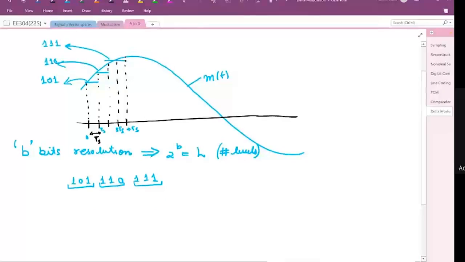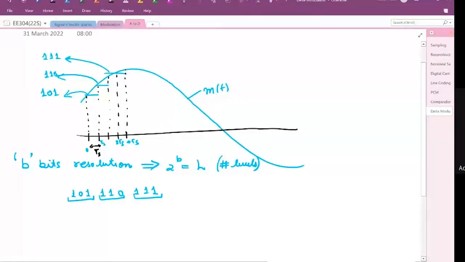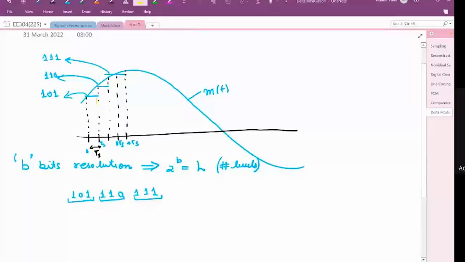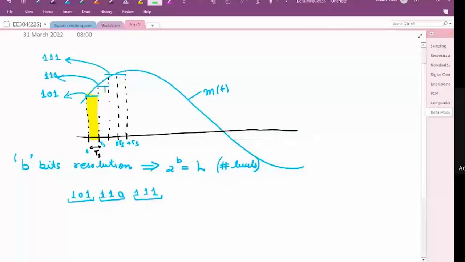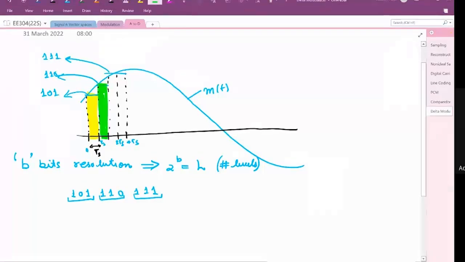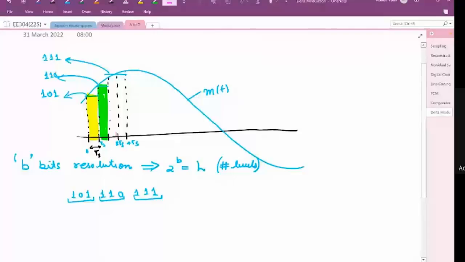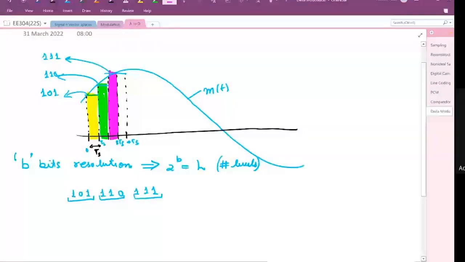But what we see here is that the three respective amplitude levels shown here, this one, this and this, the encoding is done for the complete three levels.